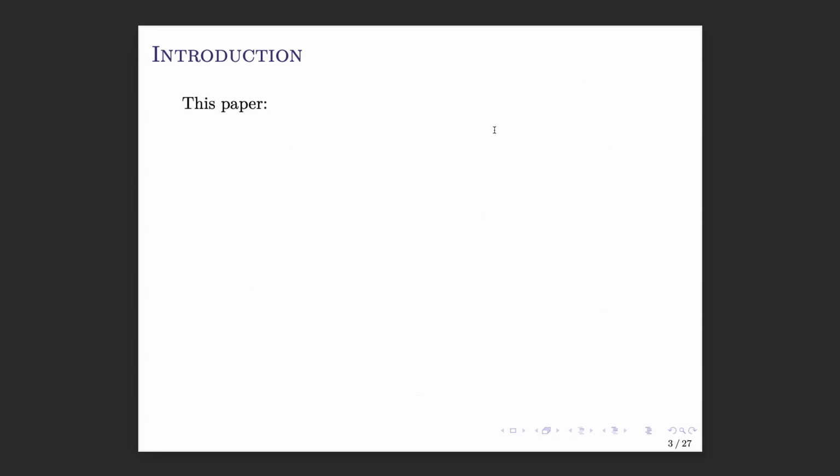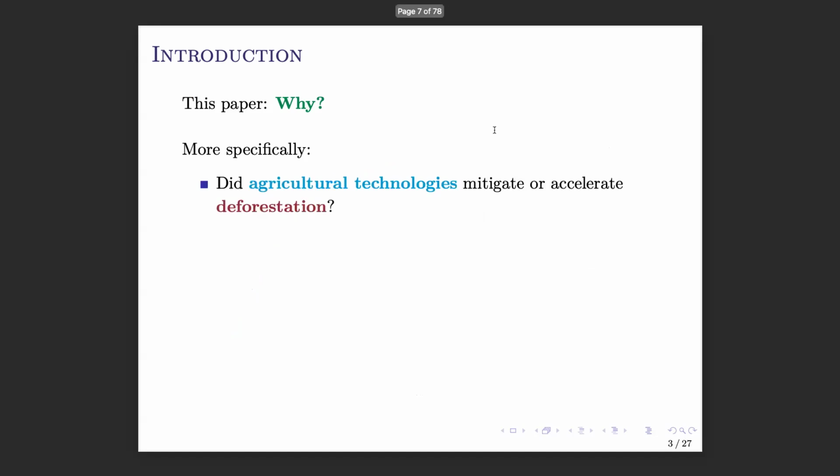In particular, what I'm asking in this paper is why we saw this sustained decline in forest cover globally prior to the Industrial Revolution. And a bit more specifically, I'm interested in one candidate source of change in forest cover historically, which is the development of agricultural technologies.